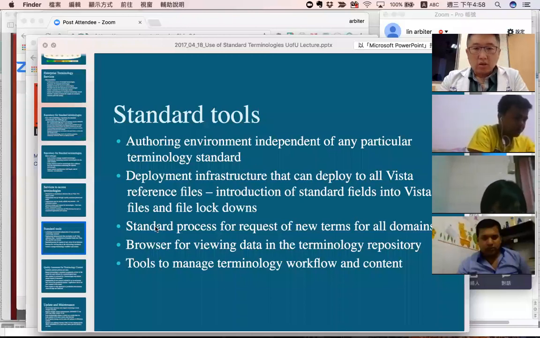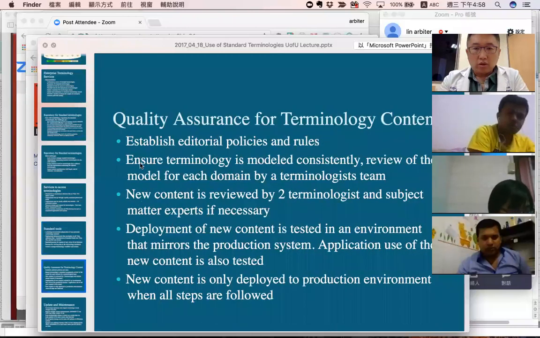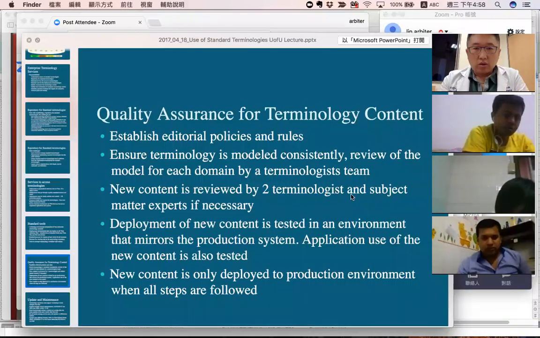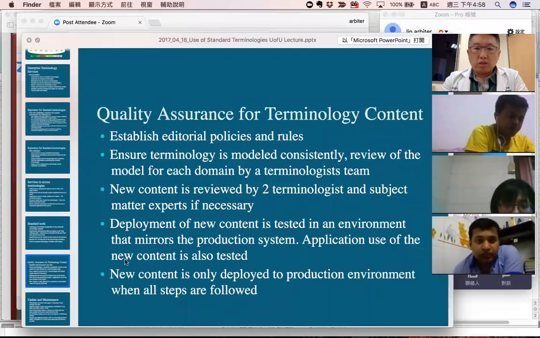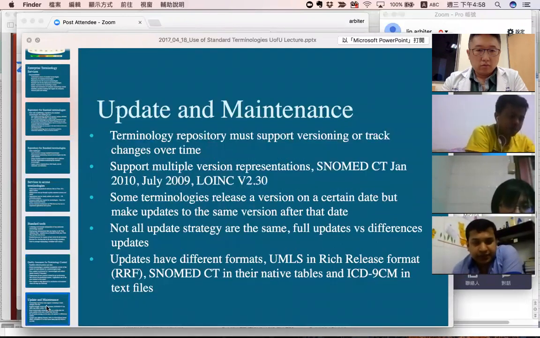And the quality assurance process. I think in here, for example, new content is reviewed by two terminologists, and they need to go through some evaluation process to make sure it is well designed. And the maintenance, I think we already covered that.